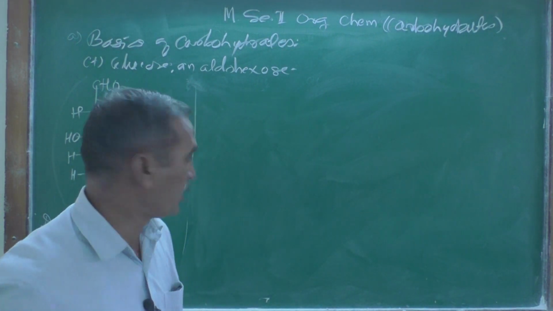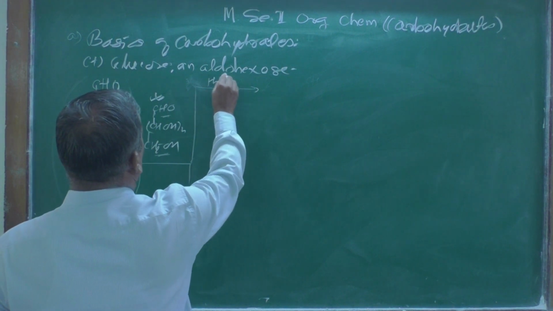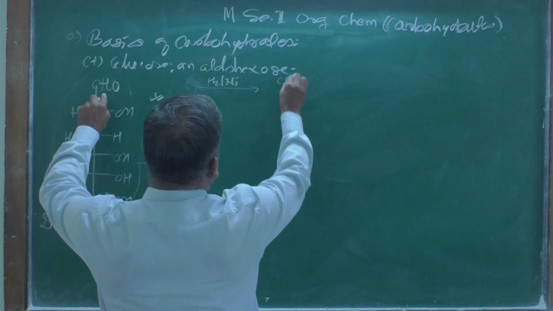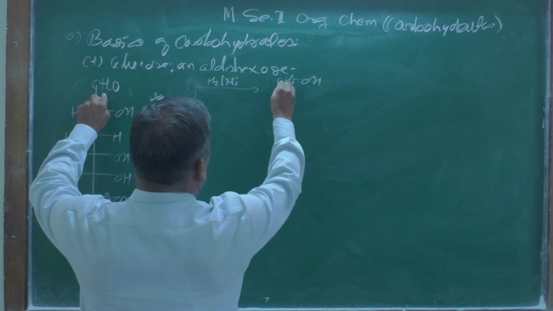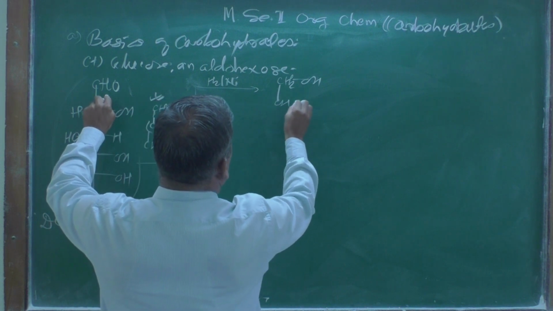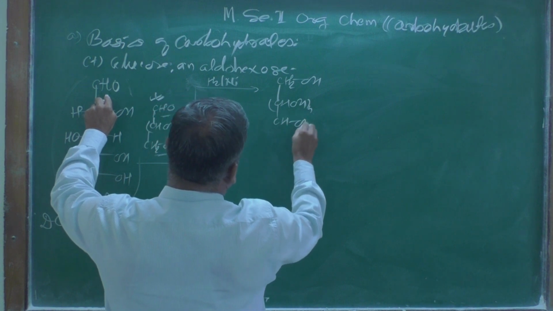So here, H2 in presence of nickel will convert that aldehyde group into alcohol, then CHOH four times, and then CH2OH.